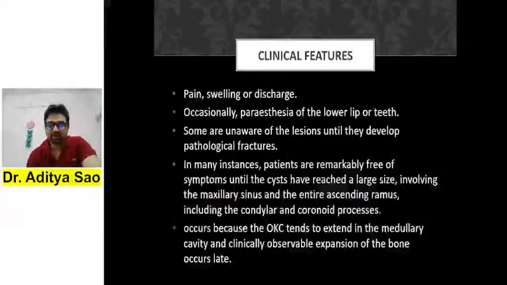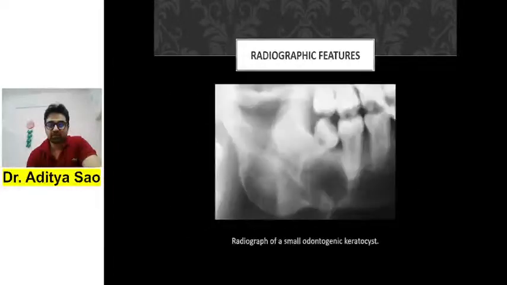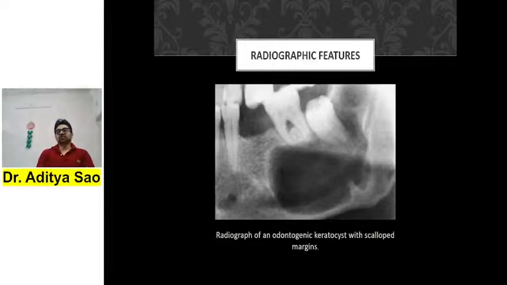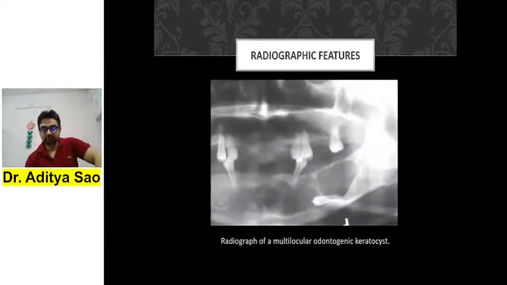Next, how will an odontogenic keratocyst look like? This is how a keratocyst looks like. The borders are scalloped. It can be unilocular or it can be multilocular. It starts as a unilocular, goes on to become a multilocular.